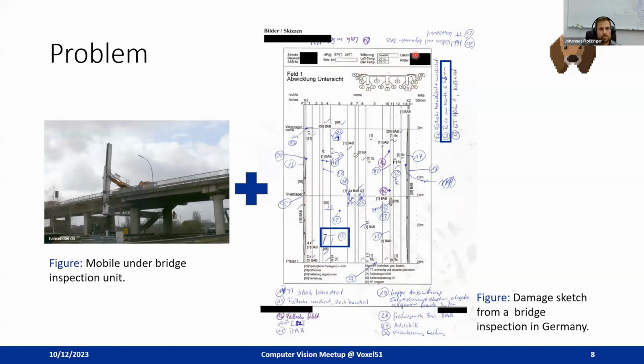And you can see that the defects are numbered in chronological order. For instance, we have here the number 32. Number 32 basically says there is a crack or multiple cracks with a crack width smaller than 0.2 millimeters. So this process is repeated for each defect.